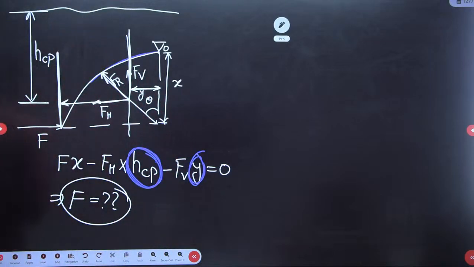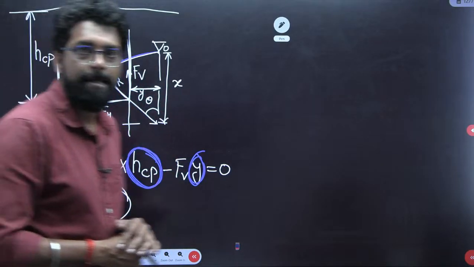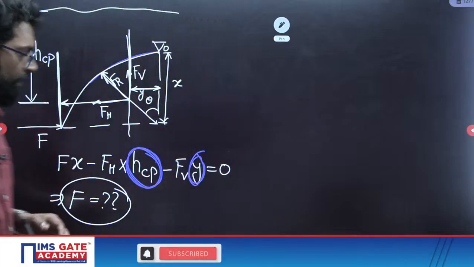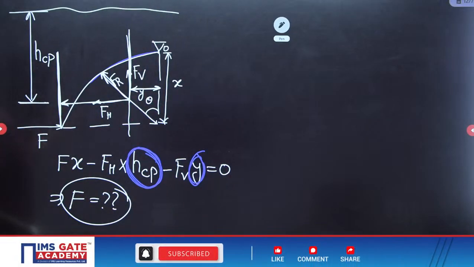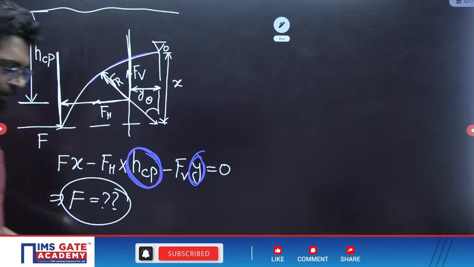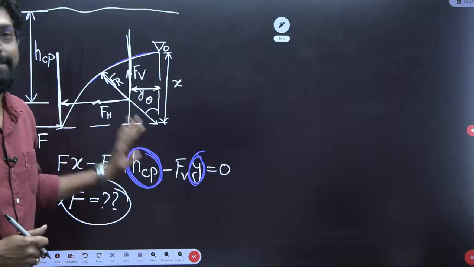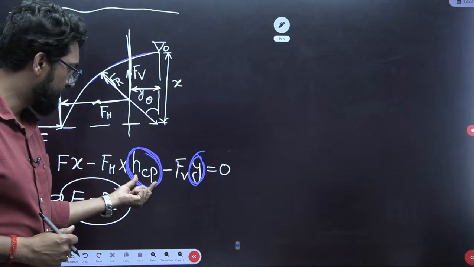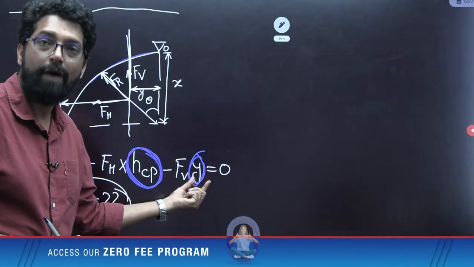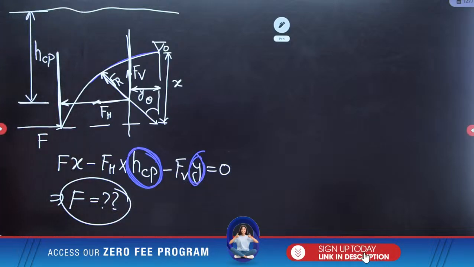Clear? So the answer to your question is that we can find this one, but it is a little bit lengthy, because you have to find HCP and Y. Okay.